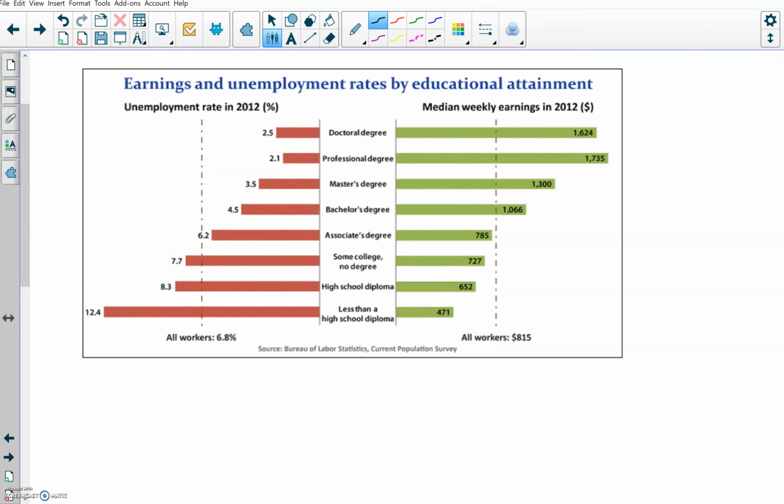Okay, hopefully you did think about that. One thing that should stand out is higher degrees have less unemployment. As you go up the list, the unemployment rate tends to get smaller and smaller until you get right near the top, where the professional degrees have a little bit more than the doctoral degree.